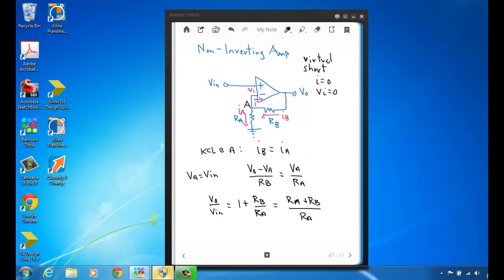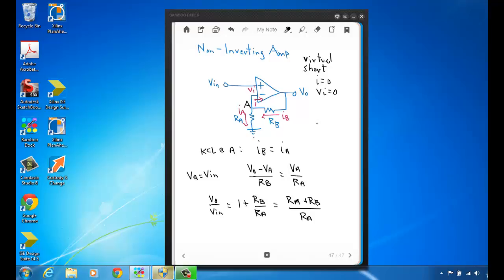Also notice that you can't have your closed loop gain less than 1. See, that's another fundamental difference between the inverting amplifier case and the non-inverting amplifier case. One fundamental difference, and it's right in the name, is that one inverts, the other doesn't.